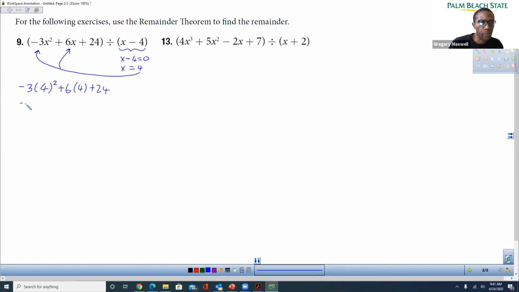And that gives us -3 times 16, which is -48, plus 24 plus 24, which is 0. So the remainder is 0. That's it. When you divide -3x squared plus 6x plus 24 by x minus 4, the remainder is 0. It doesn't tell you what the quotient is, but it does tell you that the remainder is 0.